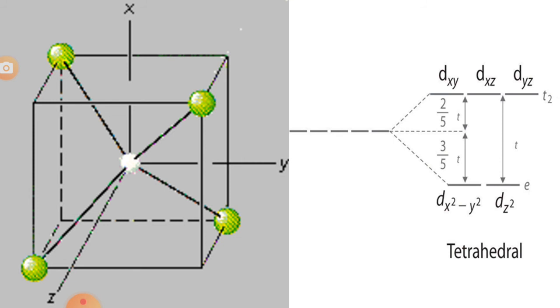Degenerate state means the 5 d orbitals possess the same energy. So there are 5 lines which show 5 d orbitals having the same energy.